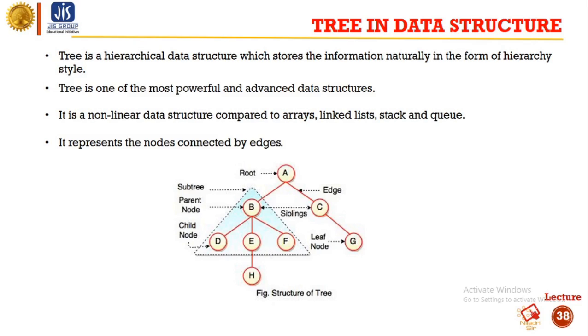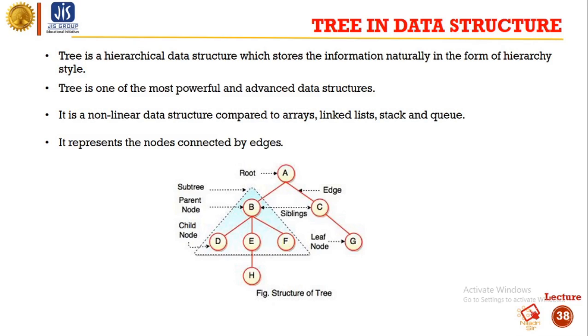A tree is basically a recursive data structure containing the set of one or more data nodes, where one node is designated as the root of the tree, while the remaining nodes are called the children of the root. The nodes other than the root node are partitioned into non-empty sets, each one of which is called a subtree.